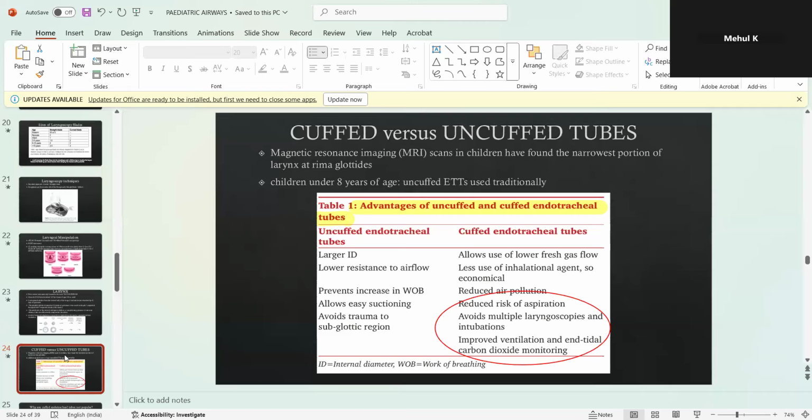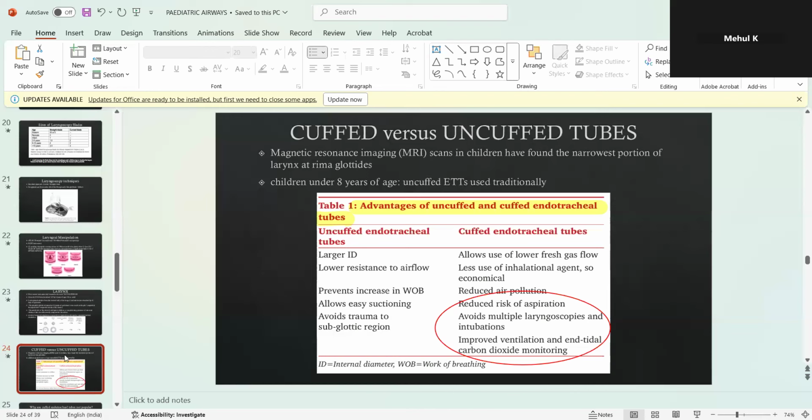But comparably, the cricoid is still a smaller circular cartilage. You need to have that at the back of your mind, but that shouldn't be the whole point of your airway management. So in children under 8 years of age, uncuffed ETTs are used traditionally, but cuffed ETTs offer a ton of advantages as compared to uncuffed ETTs.